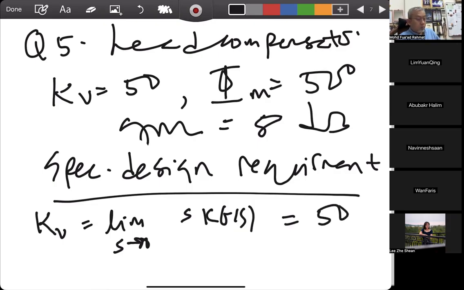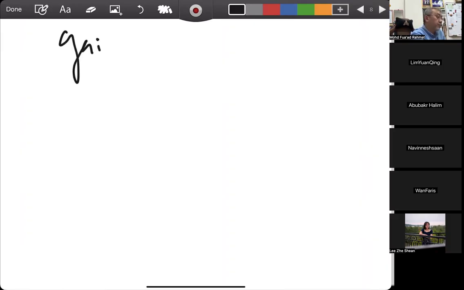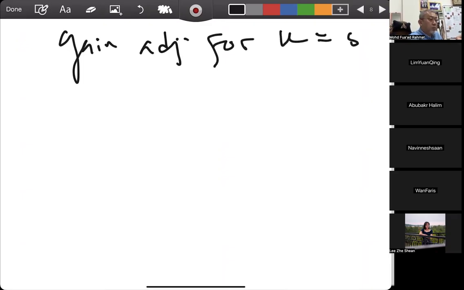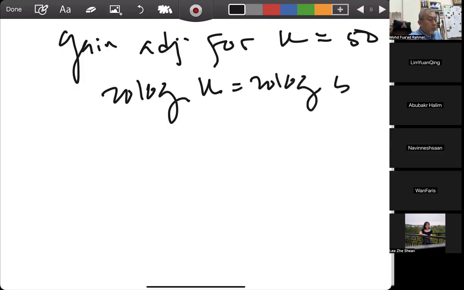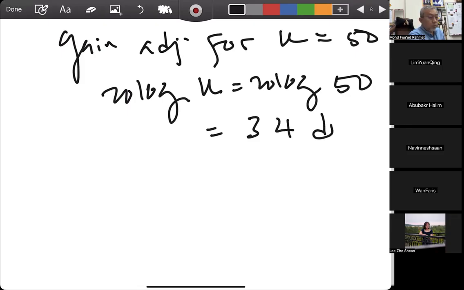When you simplify it, you will get K equal to 50. Gain adjustment: K equal to 50 is 20 log K, 20 log 50, which is 34 decibel.